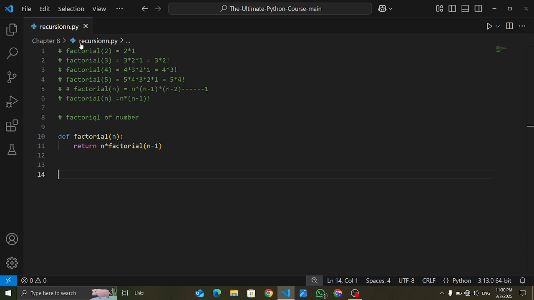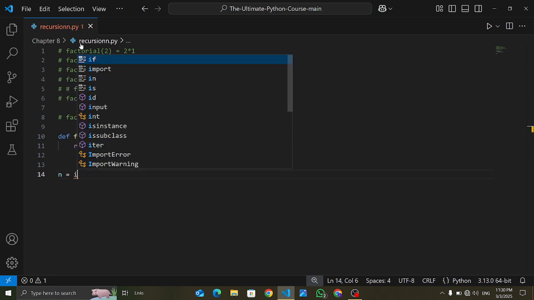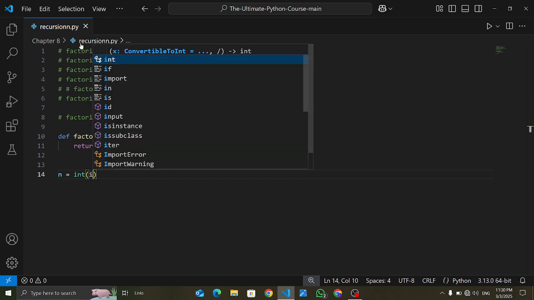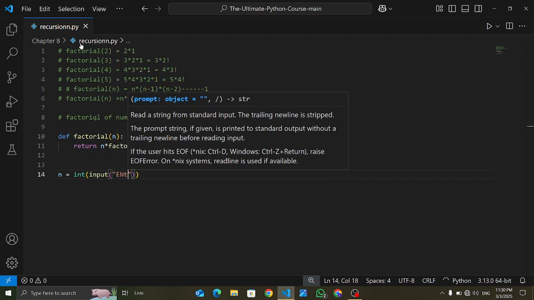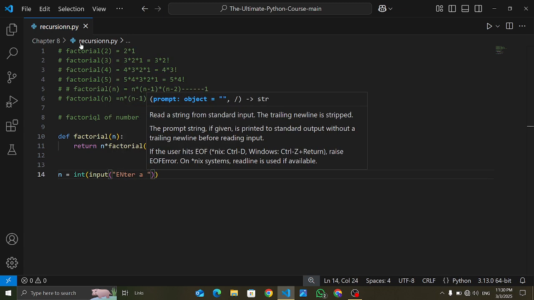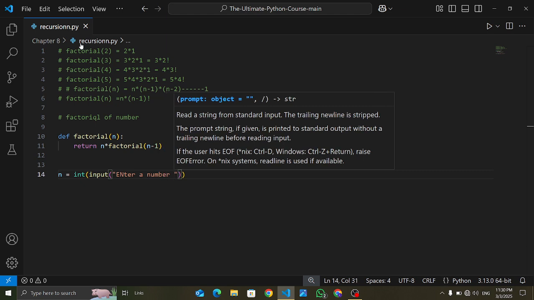I'm going to take an input of n. So n is equal to input, enter a number.